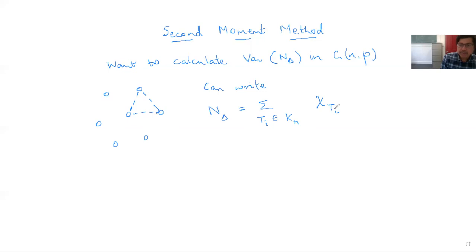Okay, so the indicator of this triangle, where this indicator random variable is 1 if the triangle TI is contained within GNP, meaning these 3 edges are present, and it's 0 otherwise.